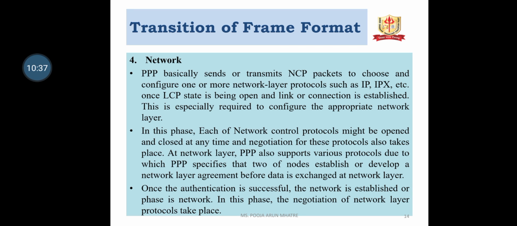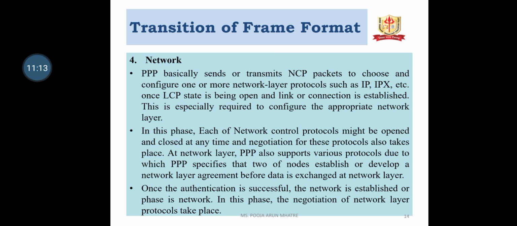Network. The point-to-point protocol sends NCP packets to choose and configure one or more network layer protocols such as IP, IPX, etc. Once the LCP state is open and the link is established, this is required to configure the appropriate network layer. In this phase, each network control protocol might be opened and closed at any time, and negotiation for these protocols also takes place.